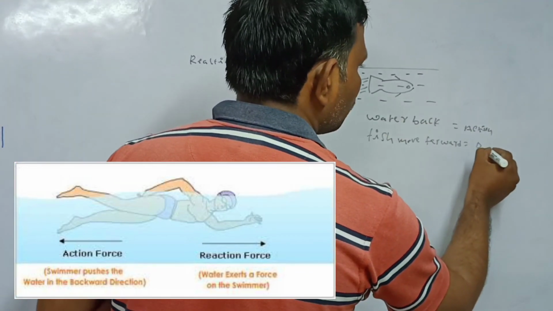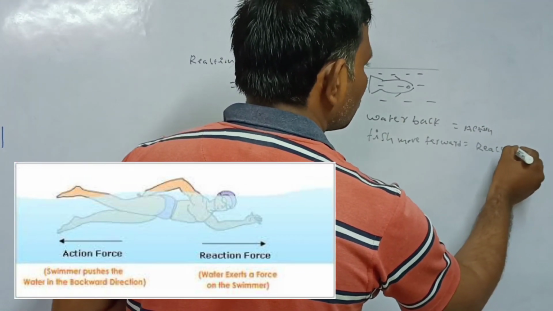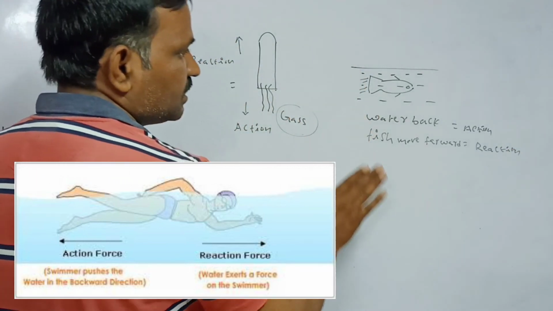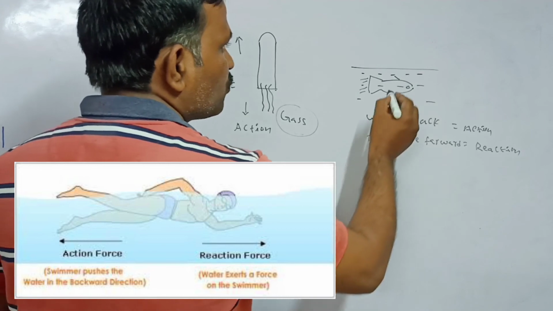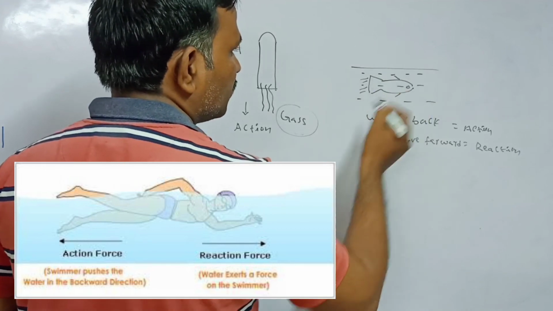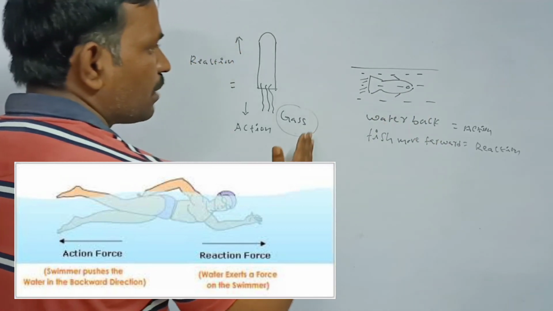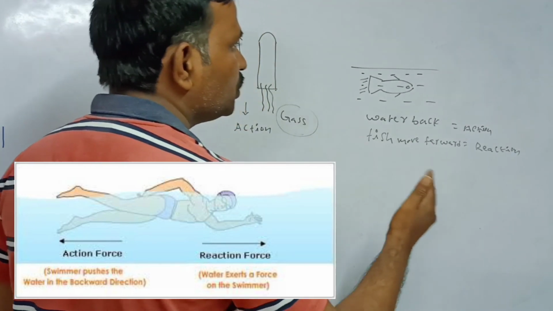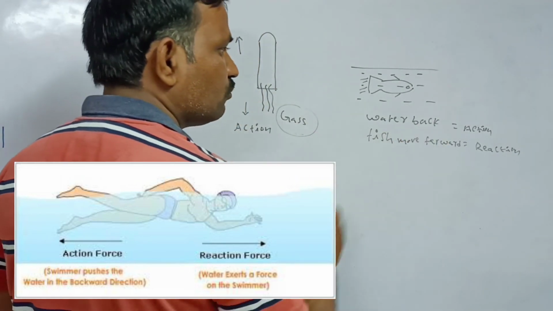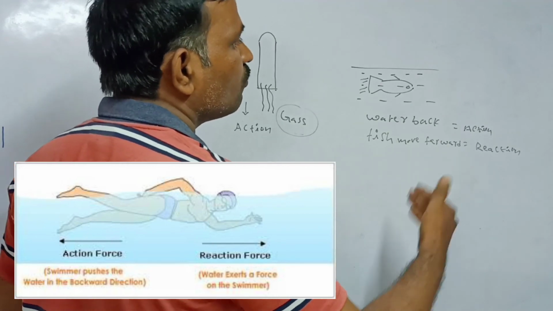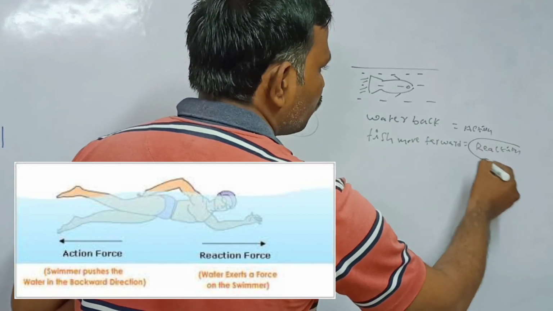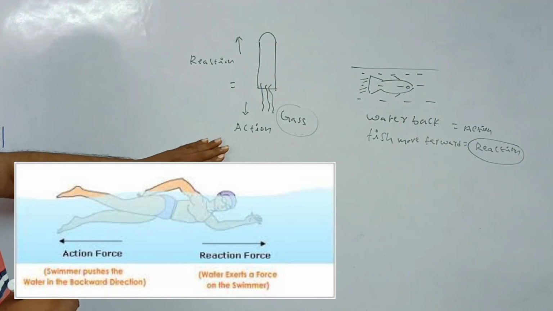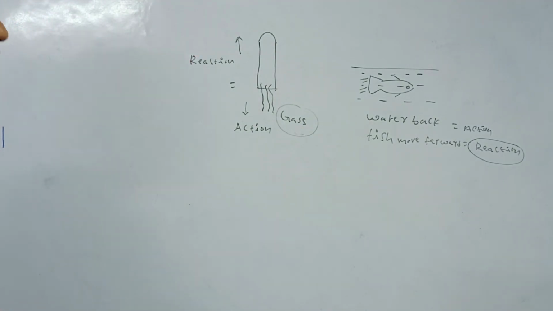This is the reaction force. Okay. So here also action is there, reaction is there. In order to move front, the fish will push the water back and the fish will move forward. Pushing water back is the action force and the fish moving forward is the reaction force. Okay, from this we can say that for every action there is equal and opposite reaction.